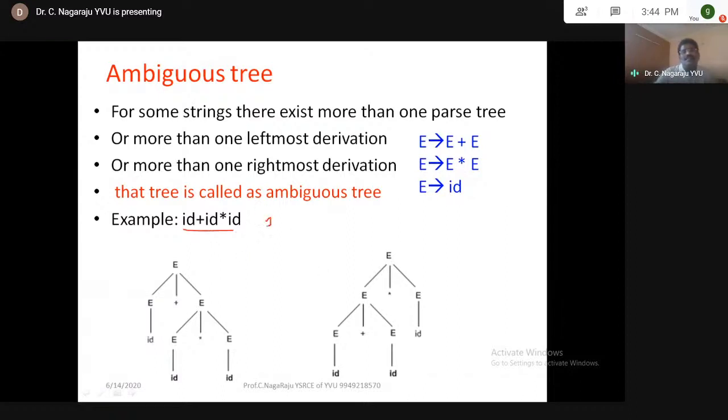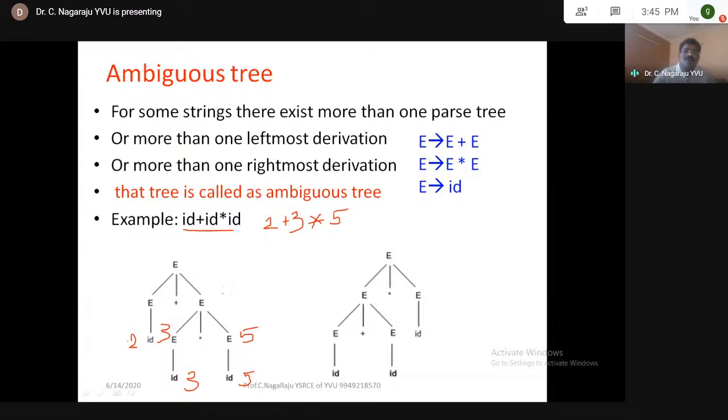For example, take 2 plus 3 into 5. If we want to evaluate this expression, the deepest node is evaluated first.